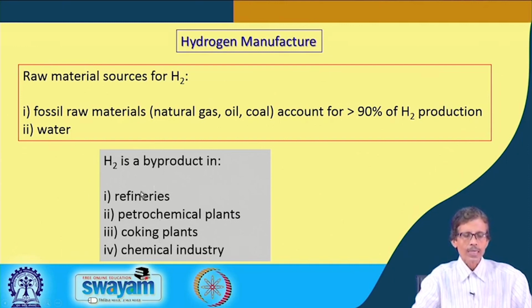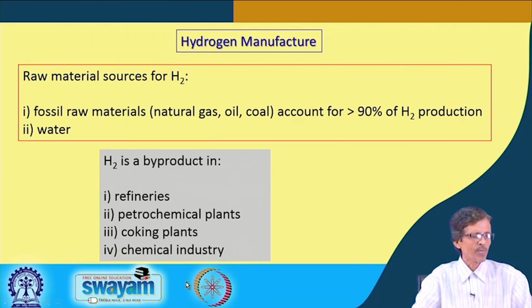Similarly, in other cases also, hydrogen can be a byproduct in petroleum refineries, different petrochemical processes and plants, coking plants, because the gasification of coke and coal can give us hydrogen also, and in the different chemical industries.